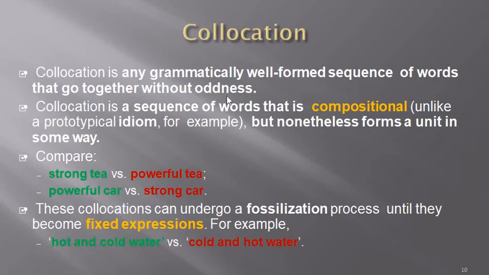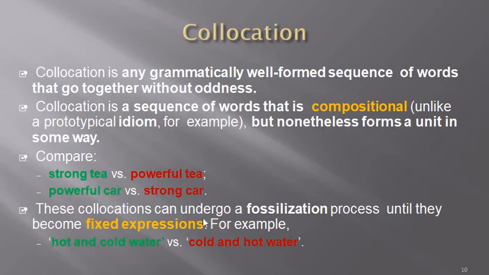Collocation is any grammatically well-formed sequence of words that go together without any oddness. Collocation is a sequence of words that is compositional, unlike a prototypical idiom, for example, but nonetheless forms a unit in some way. Here we can see the comparison: strong tea versus powerful tea, powerful car versus strong car.